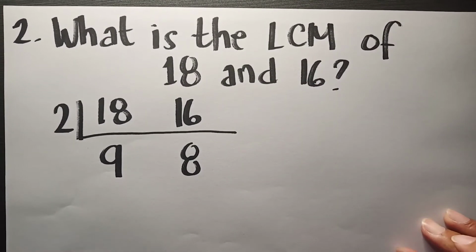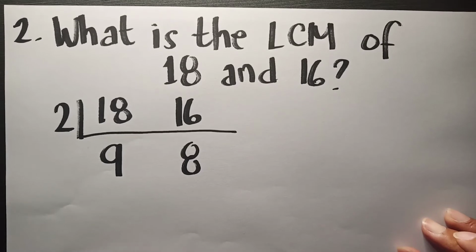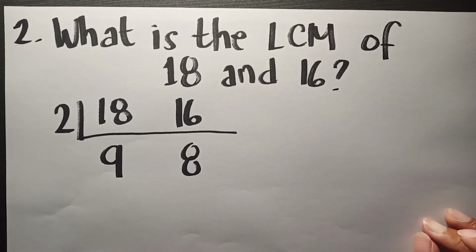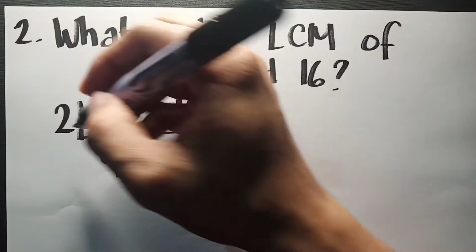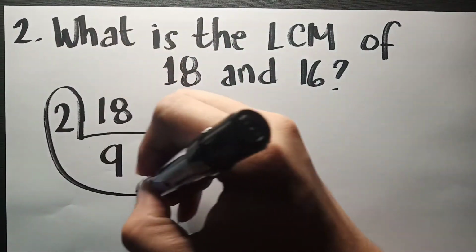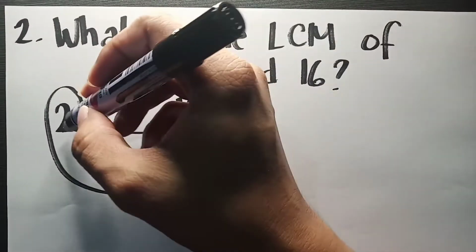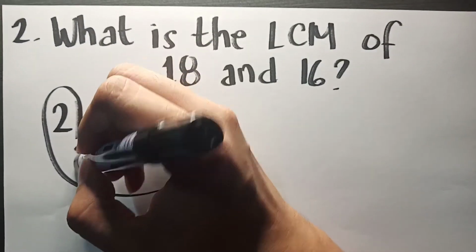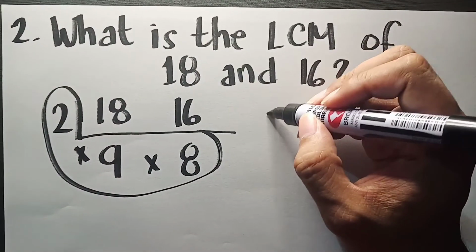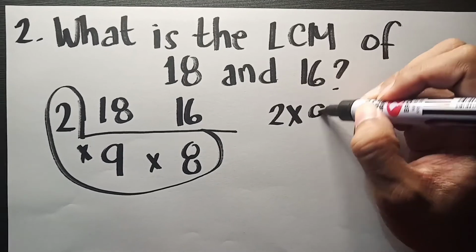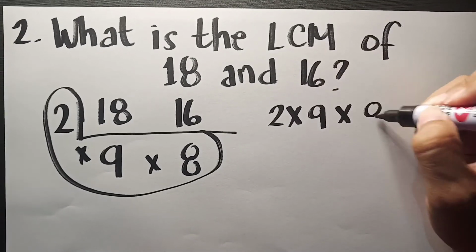So as we can see, we don't have any more common factor for 9 and 8. So we stop dividing, and then we get all the numbers outside. So that is 2, 9, and 8. We multiply them. So we have here 2 times 9 times 8.